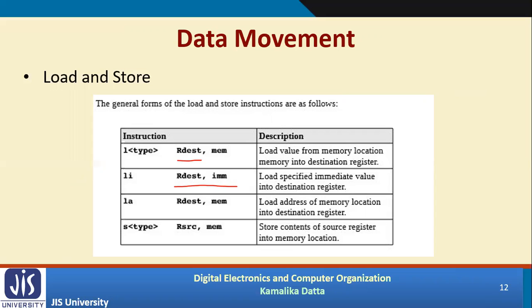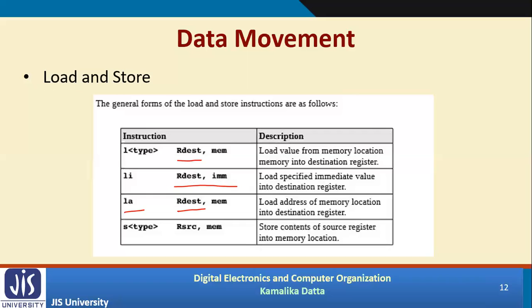Load immediate means it will load an immediate value into some register. LA means load address. Load address of the memory location into this register. RDEST is the destination register. And store content of source register into memory location. So that is store word or store byte, anything.